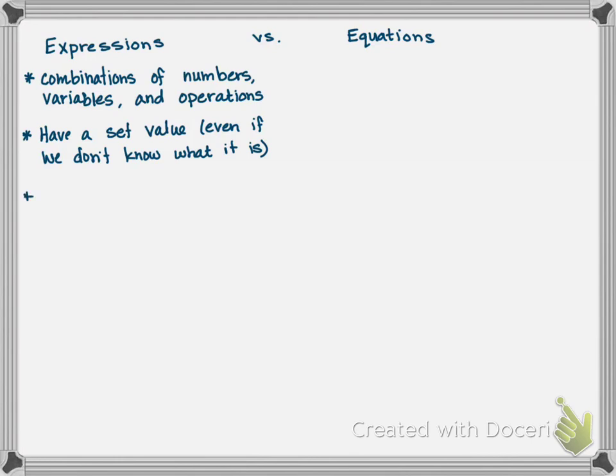So when we evaluate, for instance, 4x plus 5, if I wanted to evaluate this expression for x equals 1, I'm telling you the value of the variable and then asking you for the value of the expression.